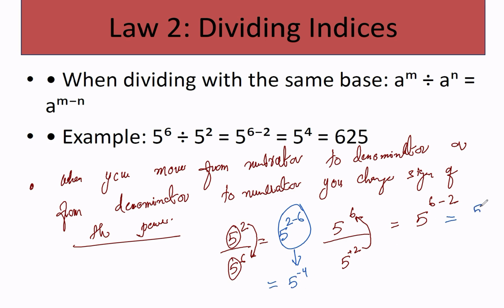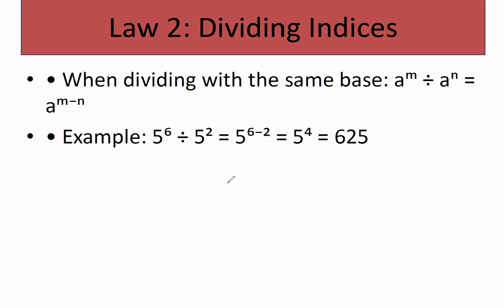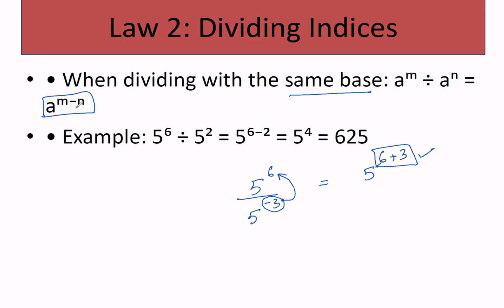You get my point? If you are moving from numerator to denominator or from denominator to numerator, you have to change the sign of the power. Like, for example, if I have 5 power 6 and 5 power minus 3, now since it's minus 3, when it goes up I have to change the sign of it. It will become plus. Now some students say, sir, where is the law that when you have the same base in division you have to subtract the powers?